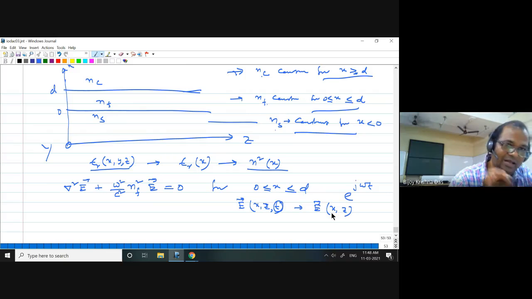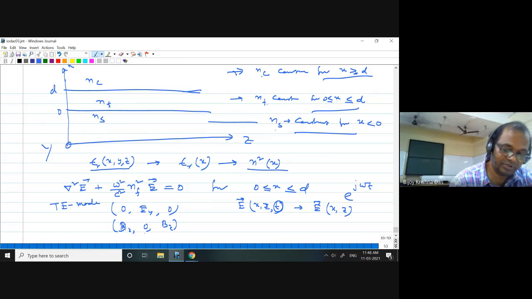Now from our earlier knowledge, suppose for the 1D waveguide, for TE-like guidance, the TE mode, we have 0 EX and 0 EZ components, only the EY component will be there, and the magnetic field will have HX and HZ, or BX and BZ, whatever you write.